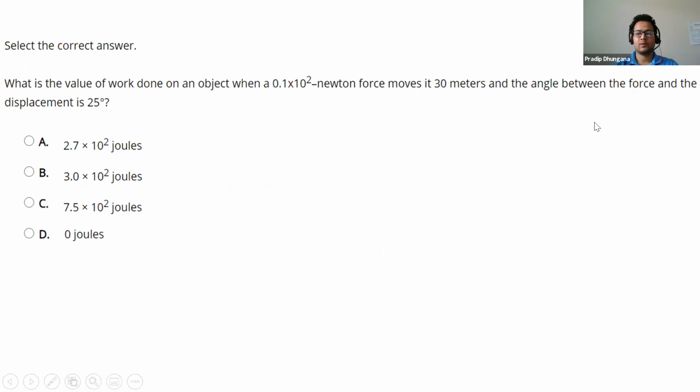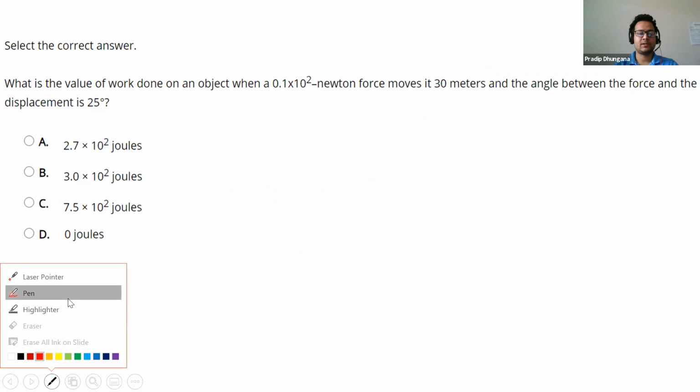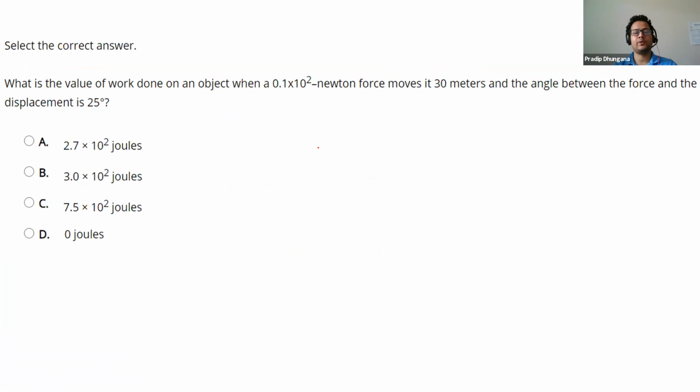So I'll work on this problem. This problem is similar to the previous problem, but this time we do have an angle between force and displacement. The question is: what is the value of work done on an object when a 0.1 times 10 to the power 2 Newton force moves it 30 meters displacement, and the angle between force and displacement is 25 degrees, that is angle theta.